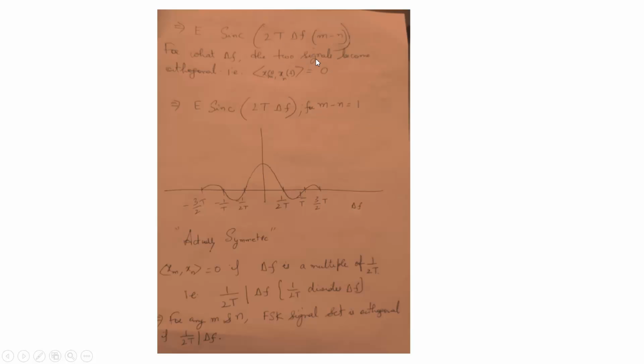So let us take the inner product of x_m(t) comma x_n(t), it will be given by, we will take the values of x_m(t), where here I will use the m as the parameter corresponding to x_m(t), and here I will use n as the parameter corresponding to x_n(t), because we are taking the inner product of these two, right? So inner product will be equal to, because the two will multiply, square root of 2E by 2 will become 2E by 2. Integral will be from 0 to capital T.